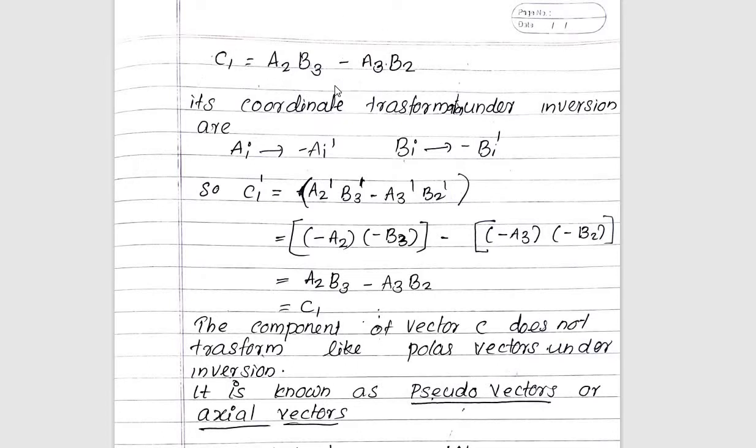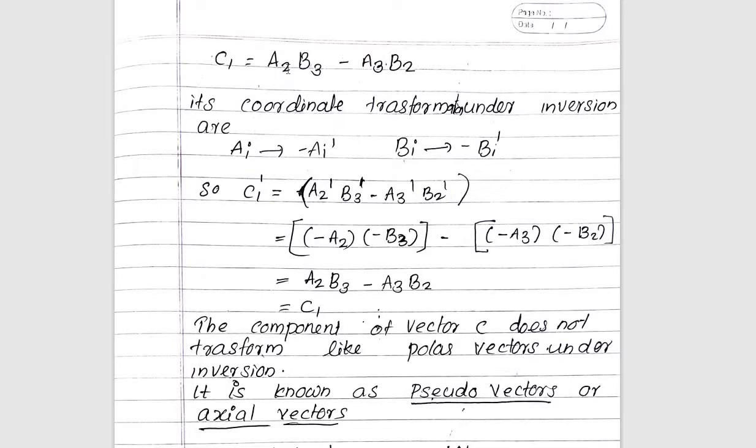We already discussed this during the vector analysis, and how the first component C1 arrives in this way, in our first chapter. Now suppose it transforms under inversion.